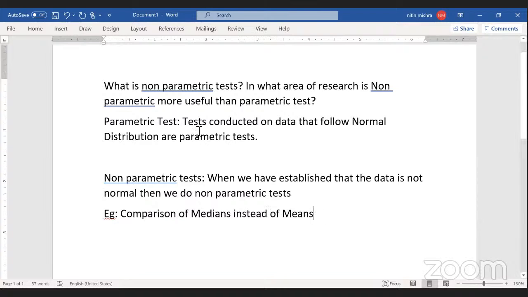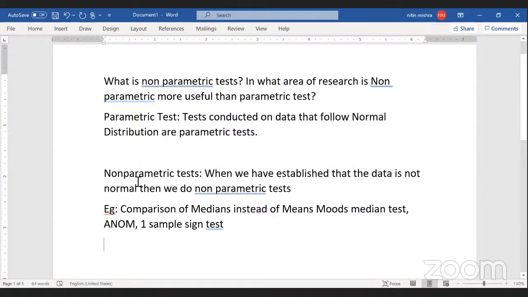All right, that is what we do. So Mood's median test, all right, ANOM, one sample sign test. So these are some of the things that we have learned as part of the non-parametric tests.